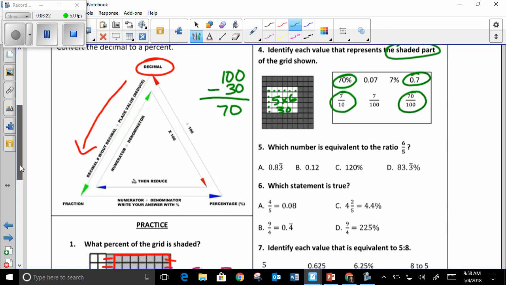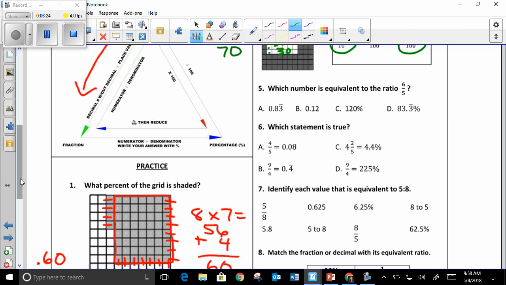All right, number 5. Which number is equivalent to the ratio 6/5? Which number? Well, isn't 5/5 equal to 1 whole? Well, it can't be any of these because those are all less than 1.